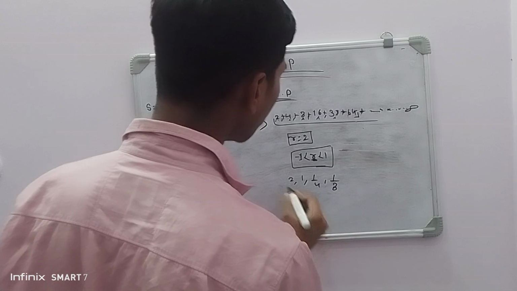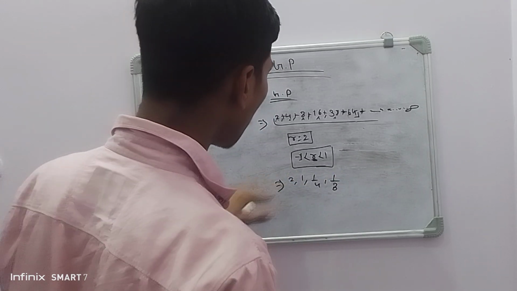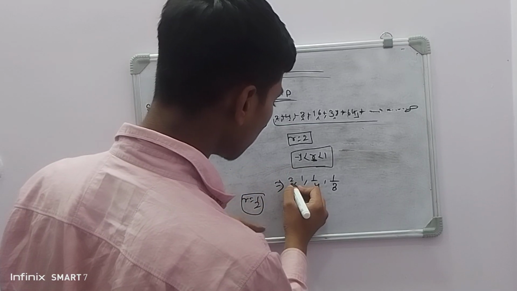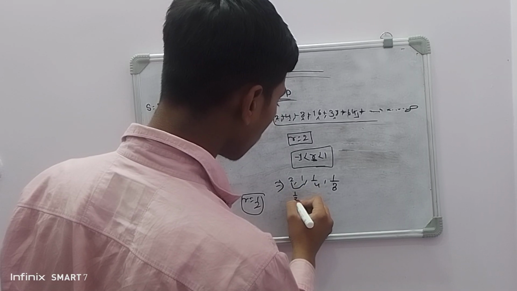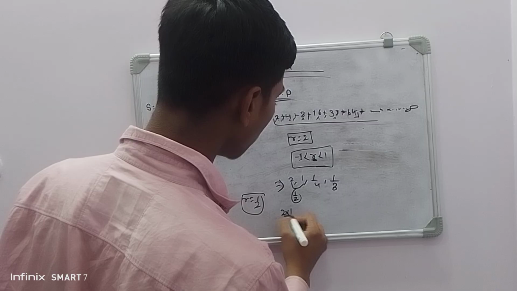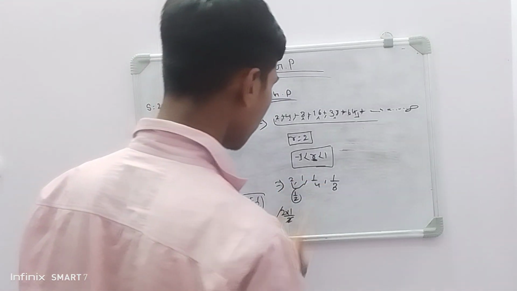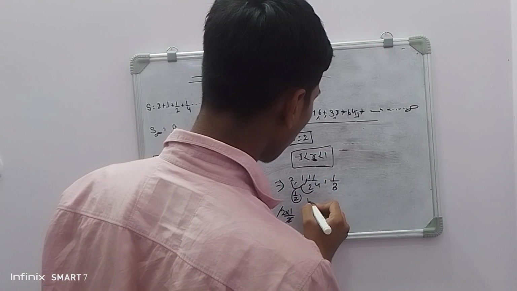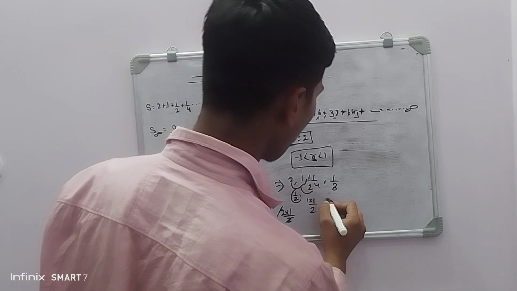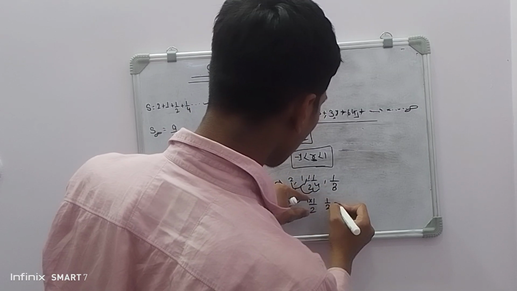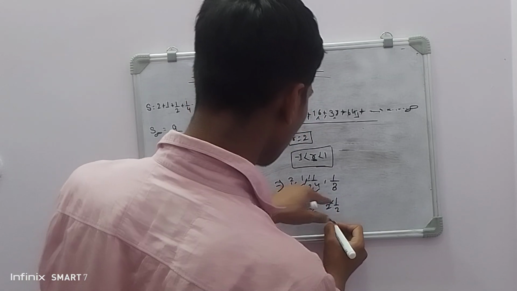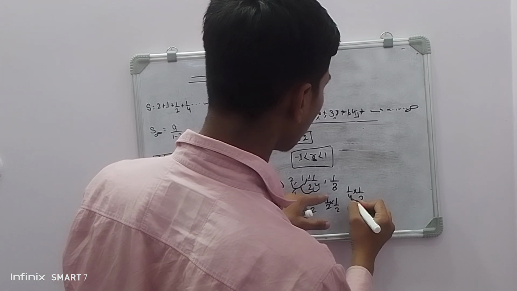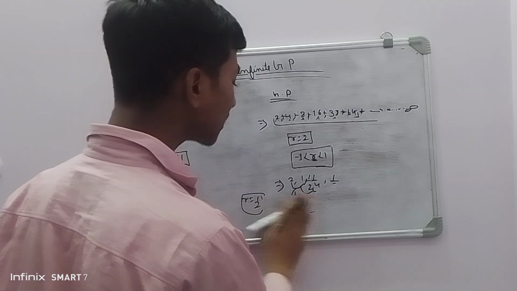If you multiply by 1 by 2 as the common ratio, then you get 1 by 4. And if you multiply 1 by 4 by 1 by 2, you get 1 by 8. That means it is a GP.